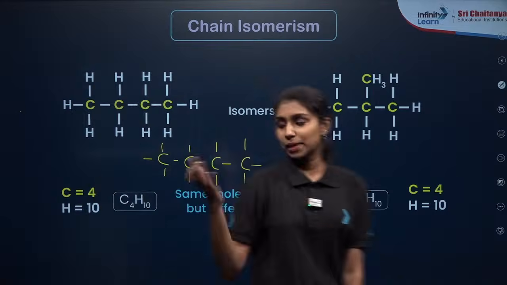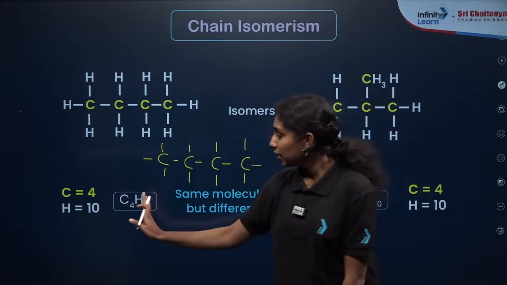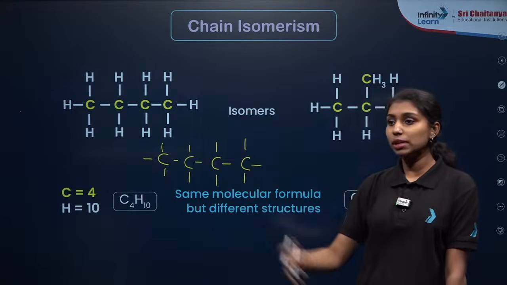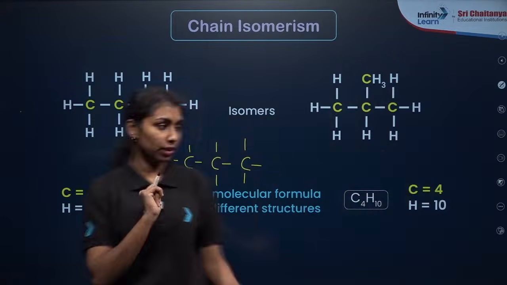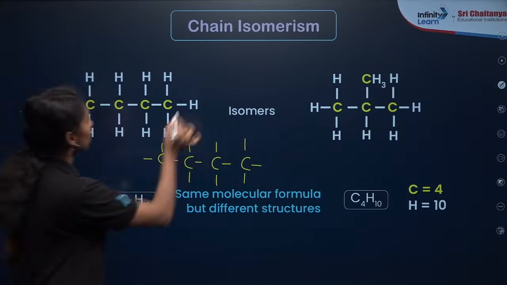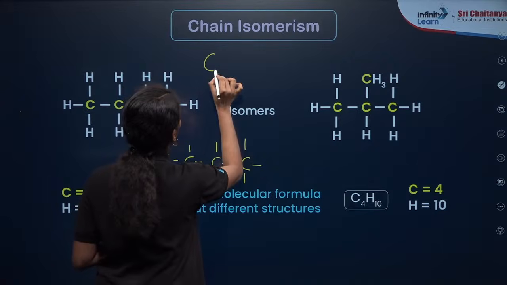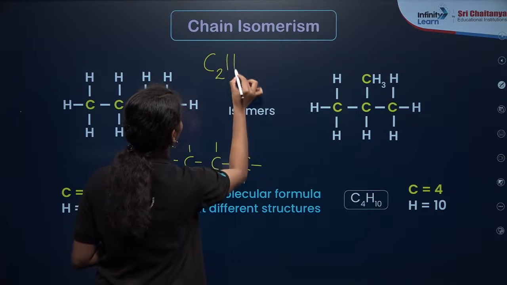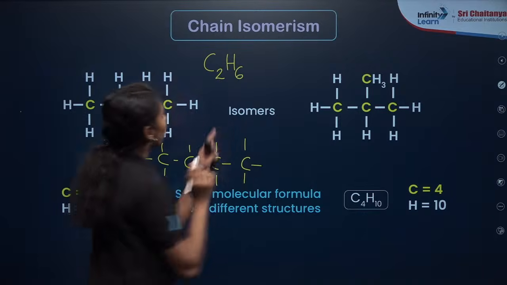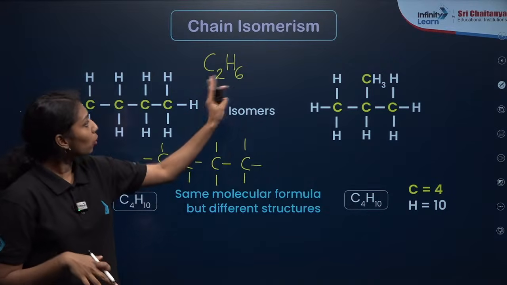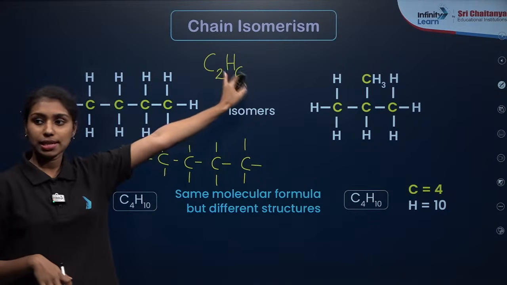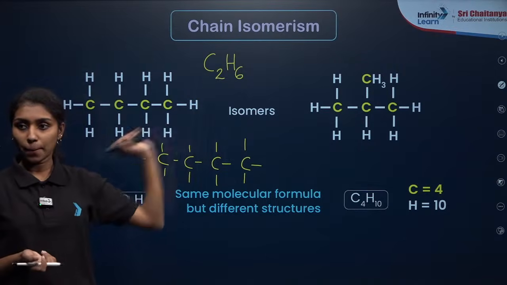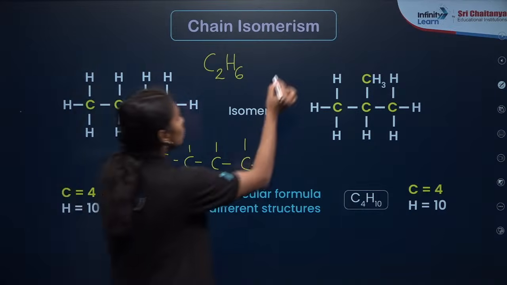Pratik, that is why I am explaining here how to make the structural formula for a compound if you are given the molecular formula. For example, one second, I will give a simple one. If the question is to make the structural formula for the compound C2H6, so 2 carbons are present, right?